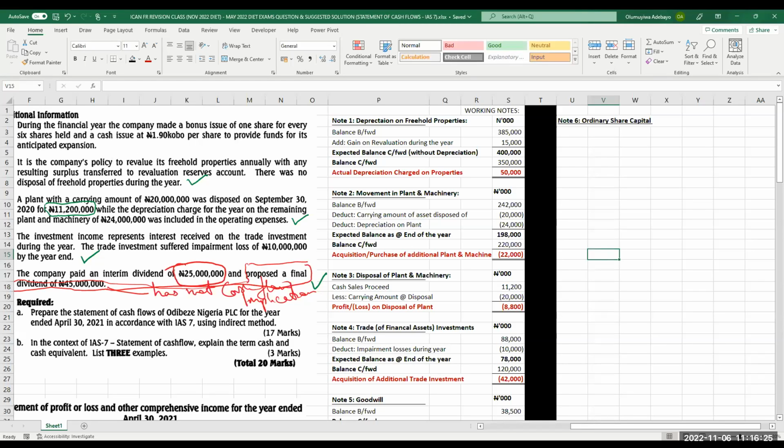Now, step 1. I need to ask myself, what is the proceed on issue of shares?